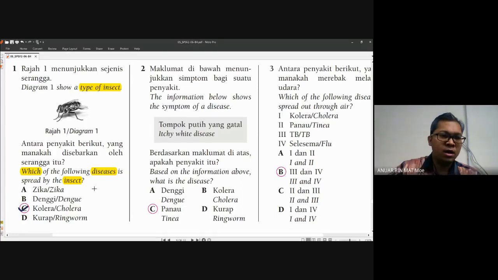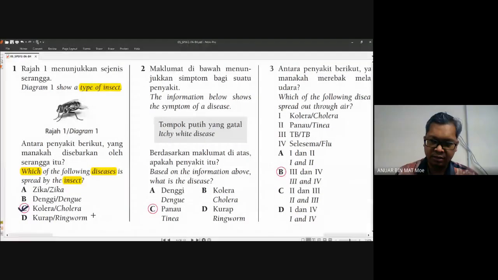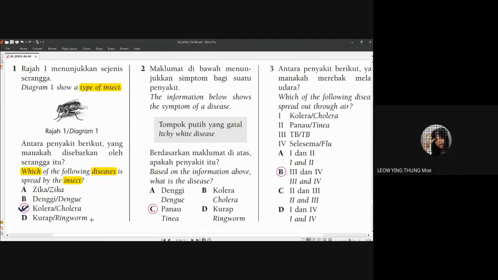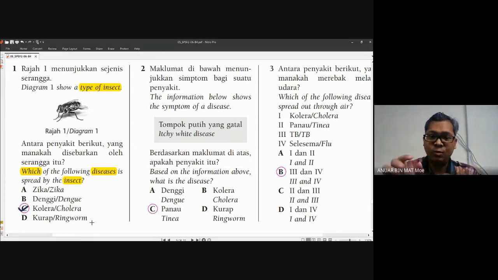How about ringworm? What is the medium of transmission for ringworm? It's through touch. Okay, the medium is touch, and the pathogen is fungi.